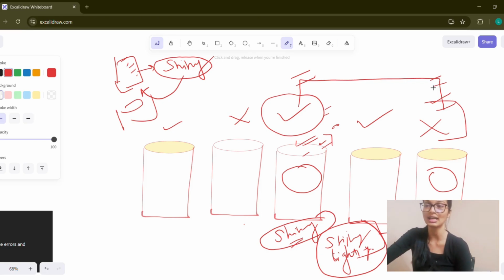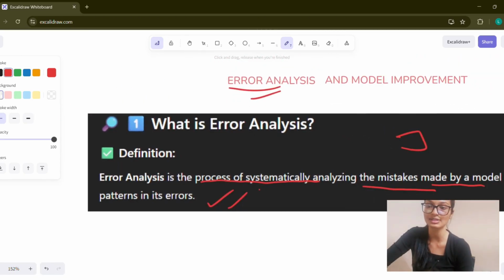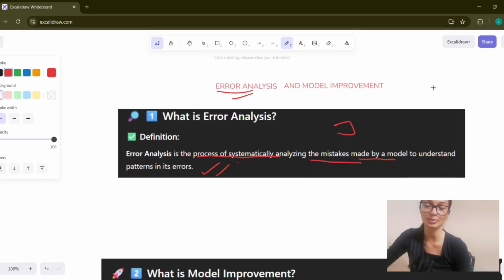This is known as error analysis: a process of systematically analyzing the mistakes made by the model to understand the patterns in the errors. We understand what is going on within the model. So this is error analysis.